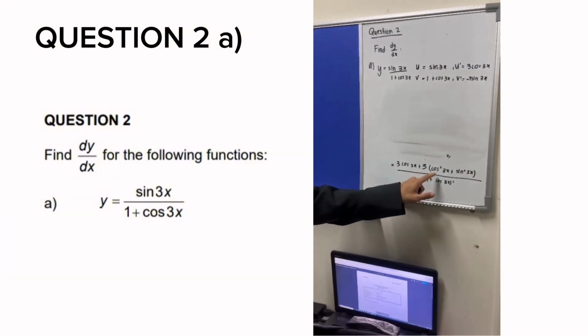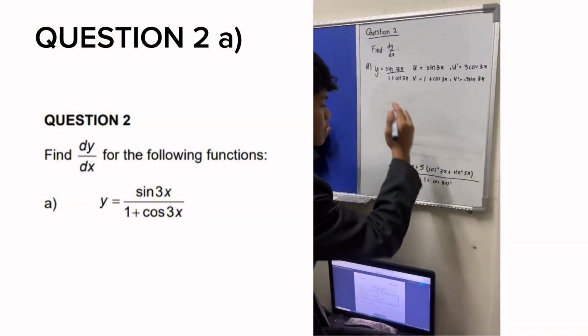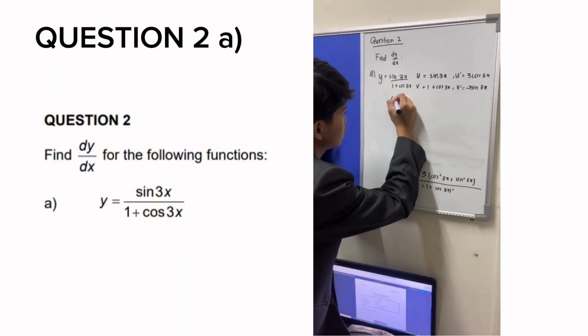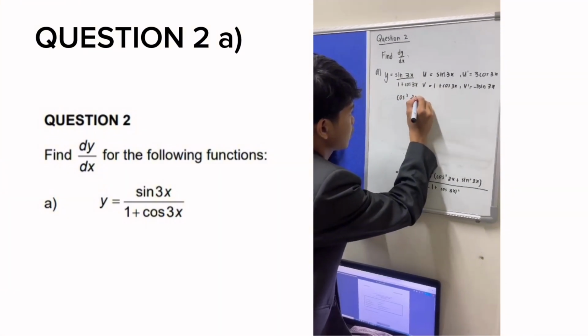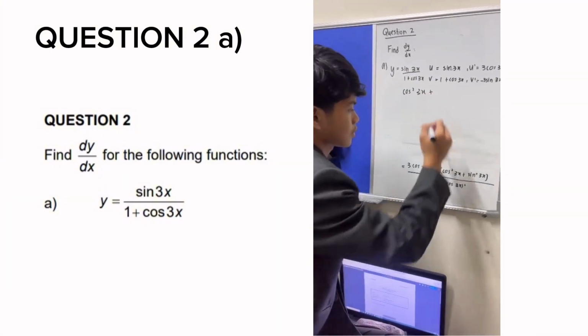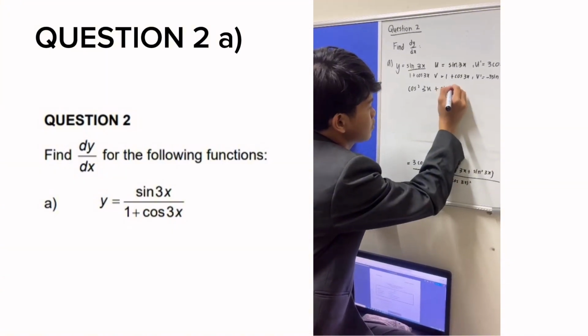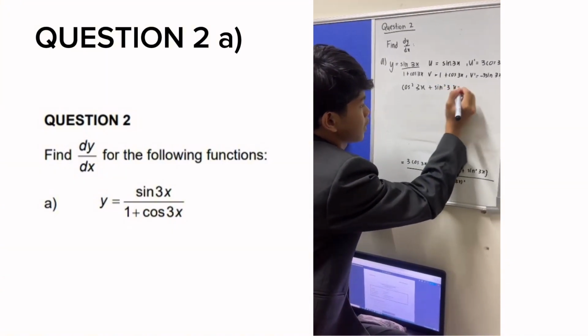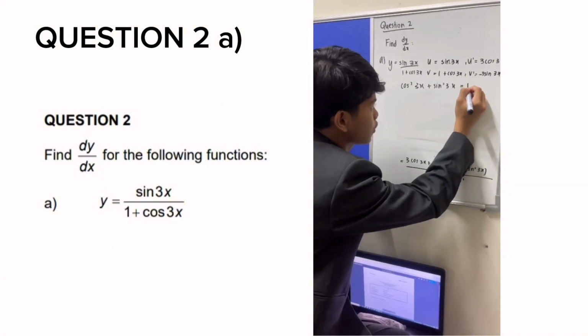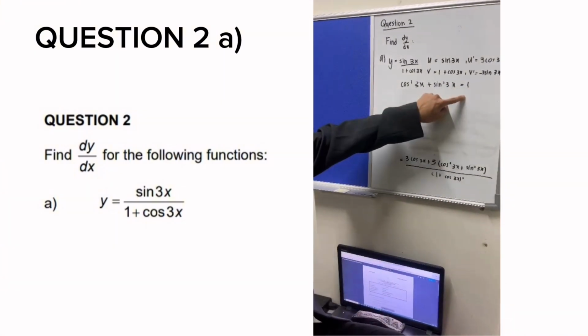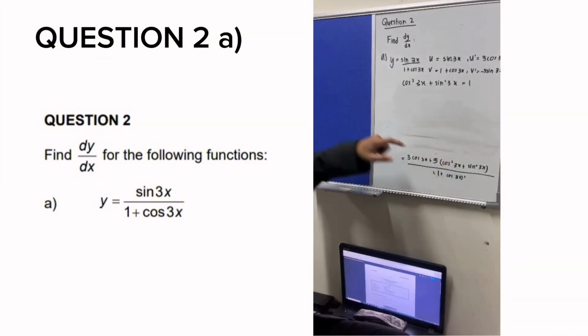Okay, cos squared 3x plus sine squared 3x actually equals 1, so you can substitute 1 into this.